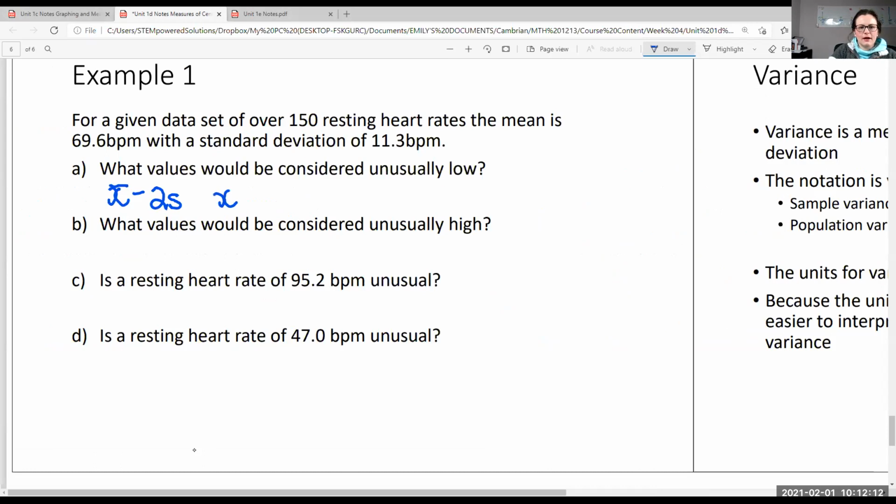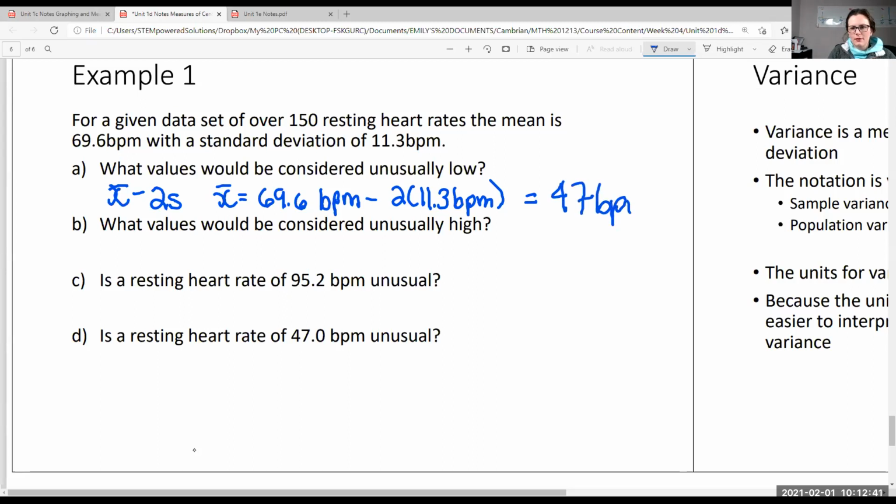So X bar is equal to 69.6 beats per minute minus 2 times 11.3 beats per minute. And this is equal to 69.6 minus 2 times 11.3, which equals 47 beats per minute.